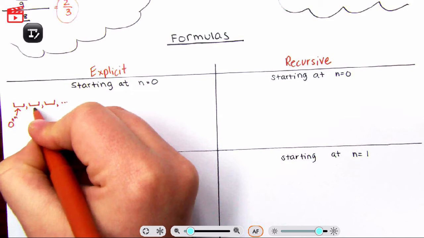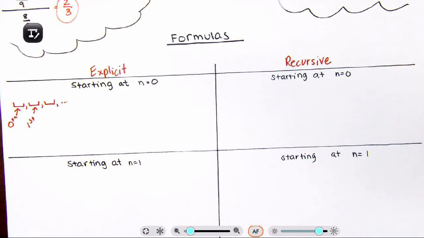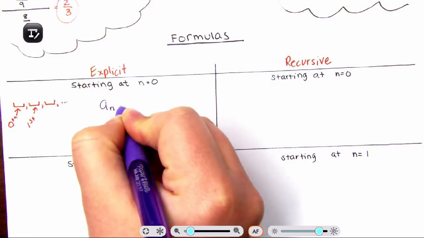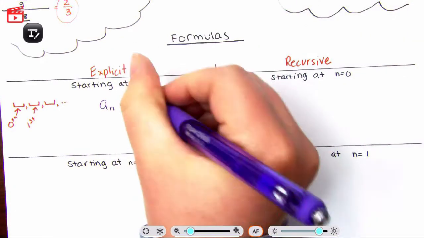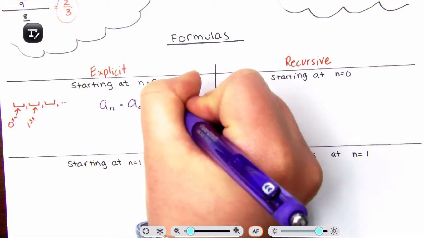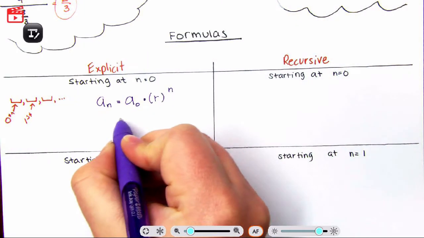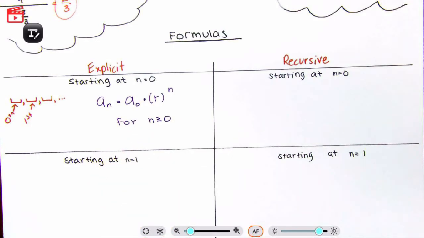The second number you see is going to be in the first position, and then so forth. So the formula for that is going to be a sub n equal to a sub 0 or a naught times r to the n power. Now again, this is for n greater or equal to 0.